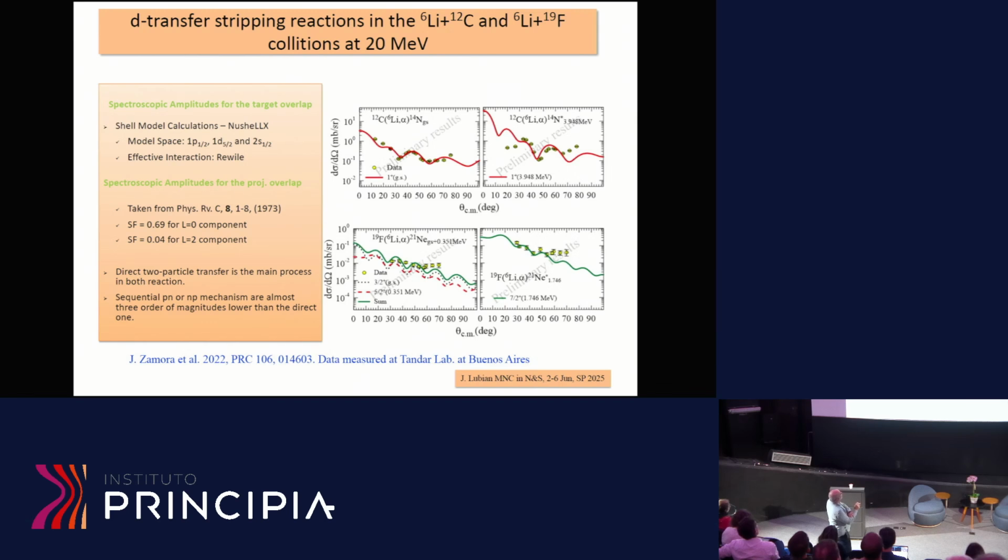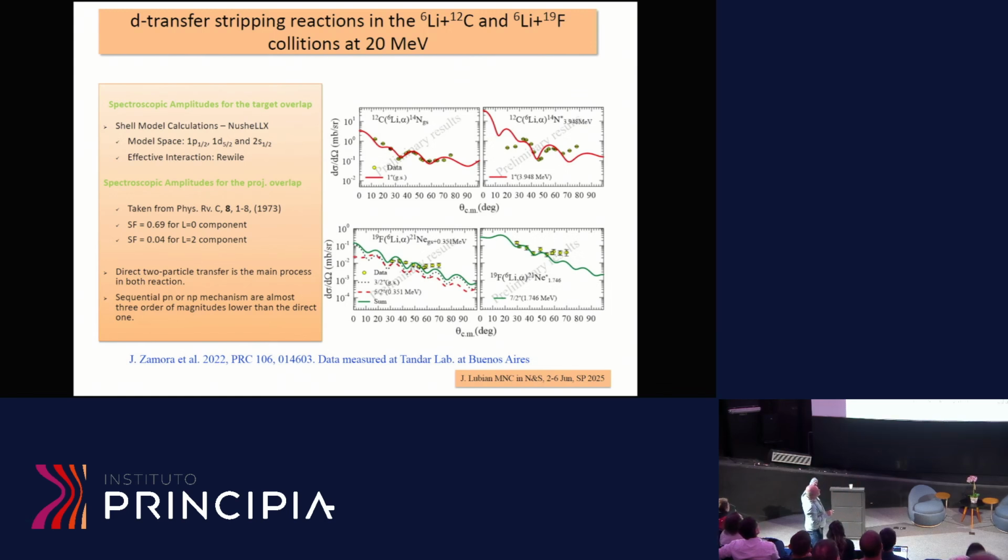Here we did three calculations because now you have a deuteron, so you can transfer first a neutron and then a proton, or first a proton and then a neutron, or you can transfer the proton and neutron together, if we want to call that a deuteron, in one step, using the same procedure we used in all the other calculations. And we can see that we could describe it. It is written here preliminary result. They are not preliminary anymore, they are already published. I'm sorry for that. This was published in this publication.